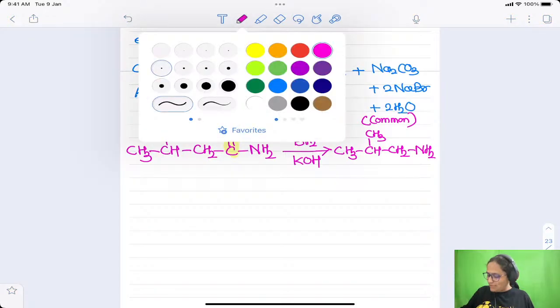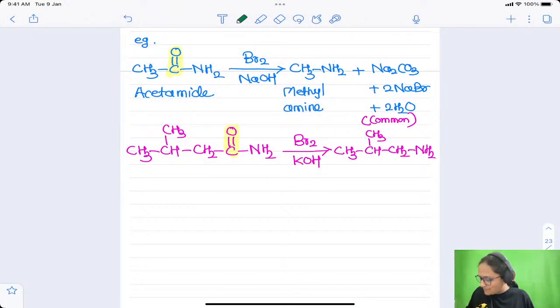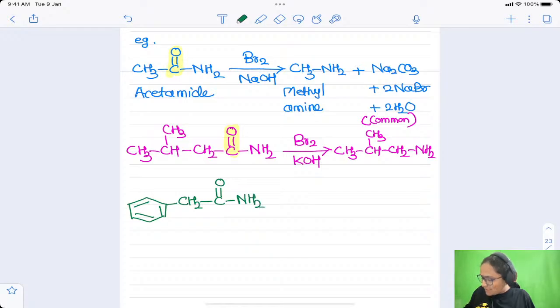Now again if I am using a benzene ring, whatever may be beside it, it will not make any difference. CH2 CO NH2, this is the amide. If Br2 NaOH or KOH is written on the arrow, in KOH Na will be replaced by K, that's it.